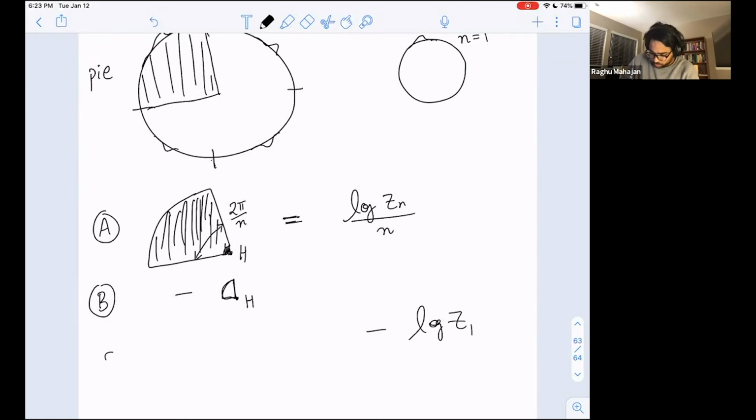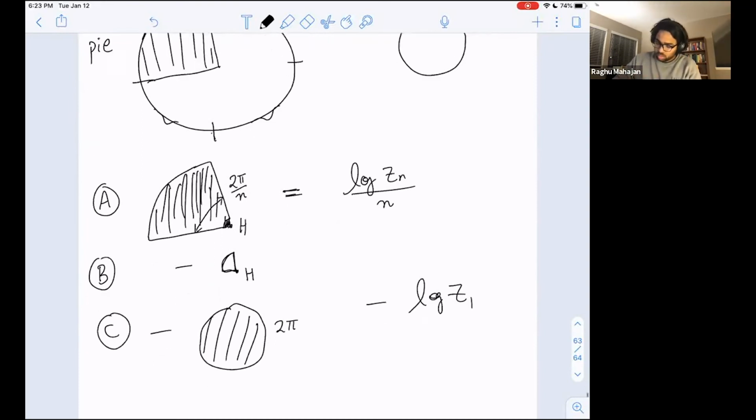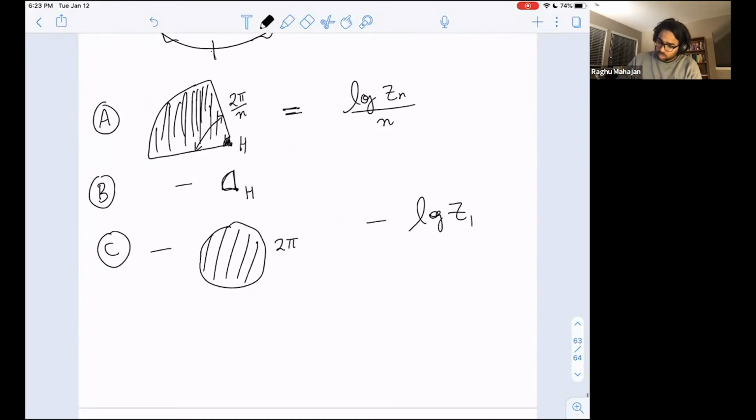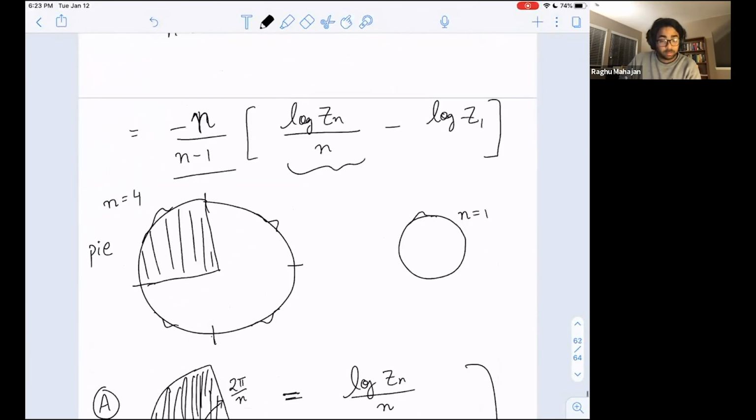But what's Z1? Z1 is just the geometry with angle 2 pi, and there is an overall factor multiplying this, n over n minus 1.